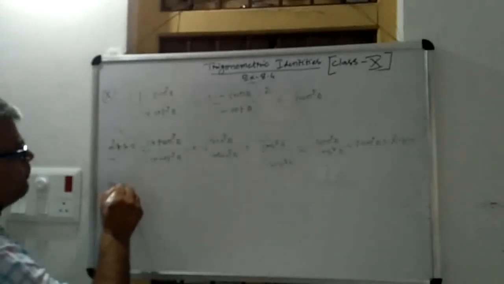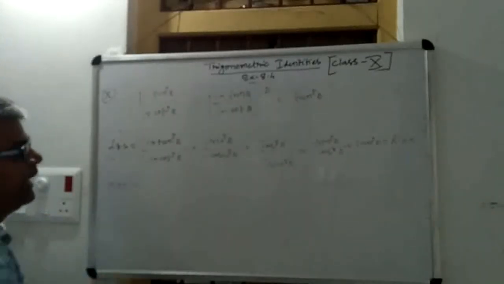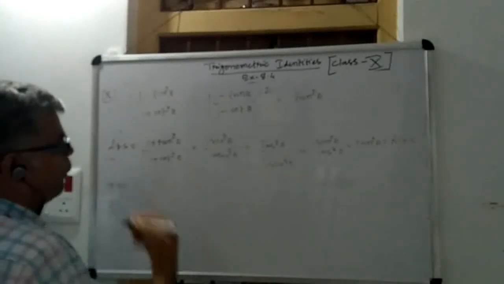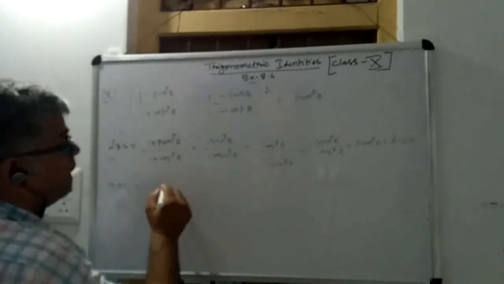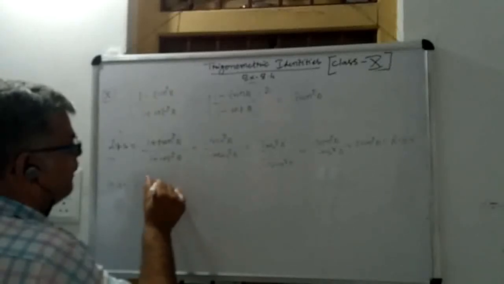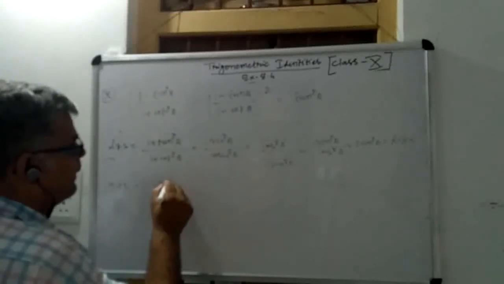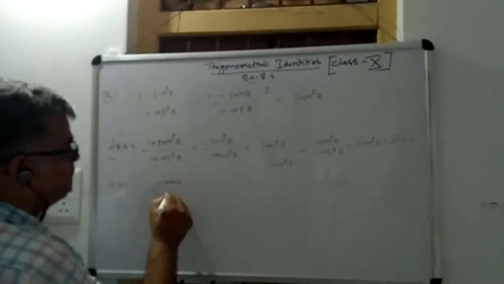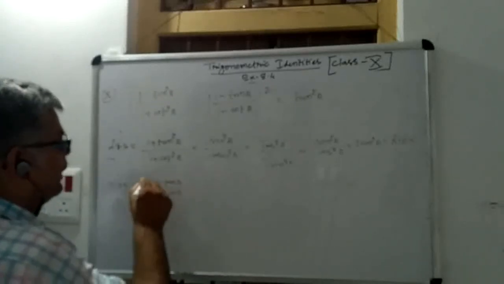Your MHS part, your middle hand side, is 1 minus tan A by 1 minus cot A, whole square.